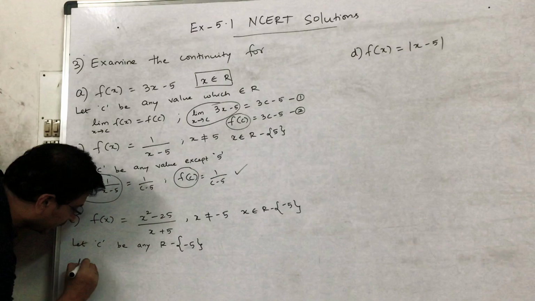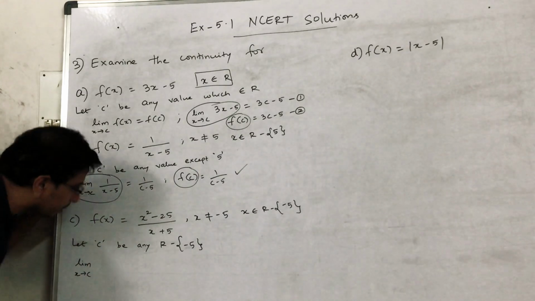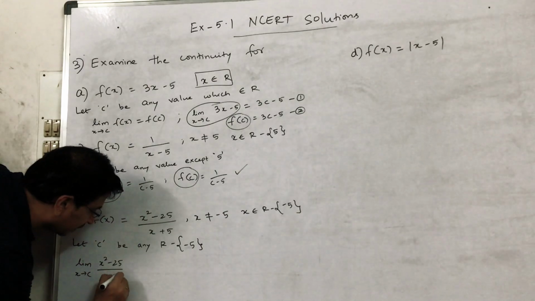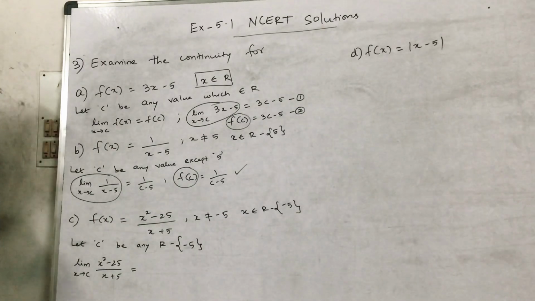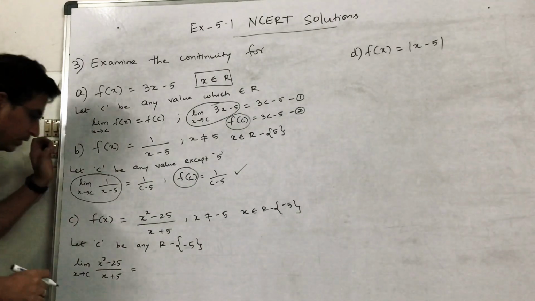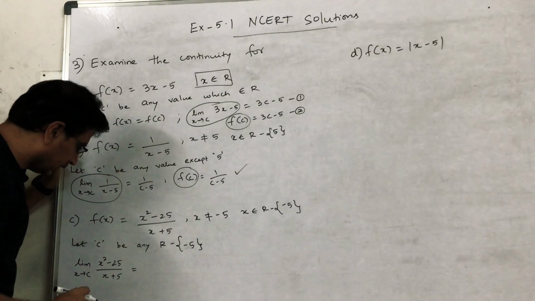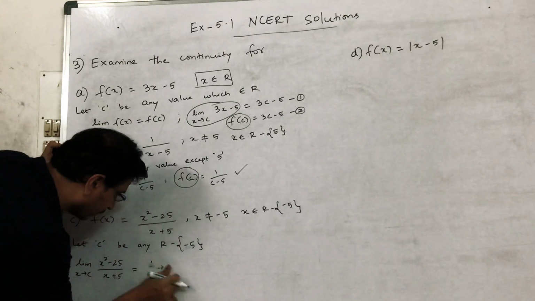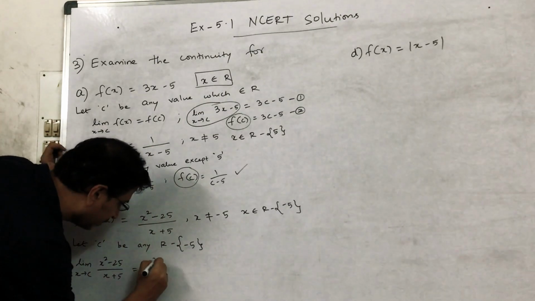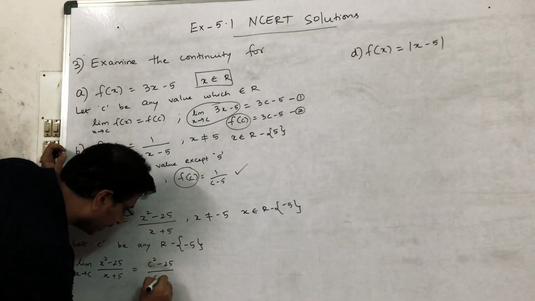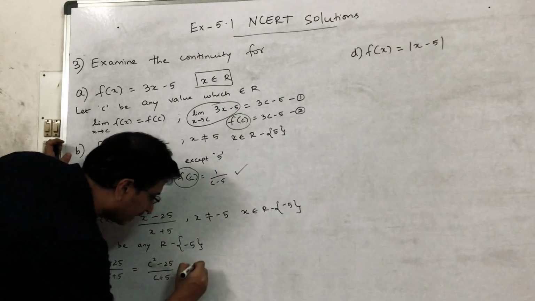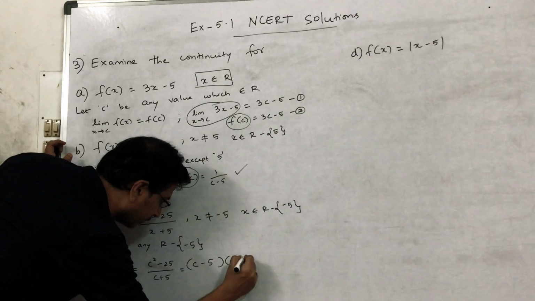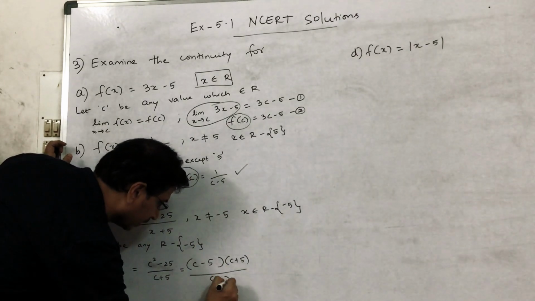Then the limit as x tends to c of x square minus 25 divided by x plus 5 is equal to what value? When you substitute the limit, it is going to be c square minus 25 divided by c plus 5, which is c minus 5 into c plus 5 divided by c plus 5.